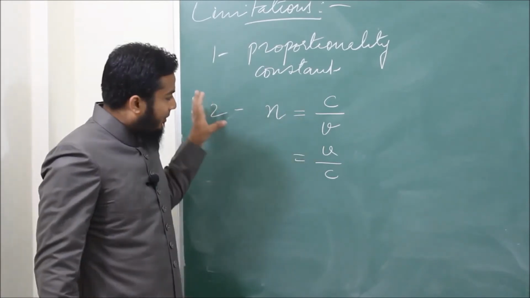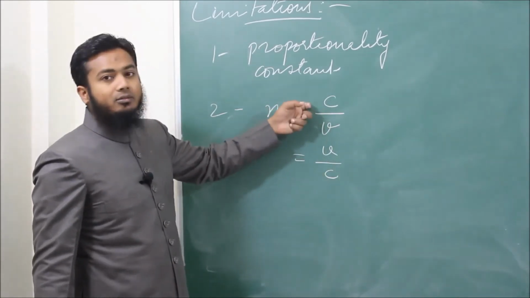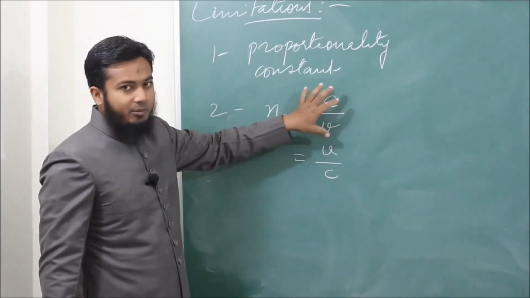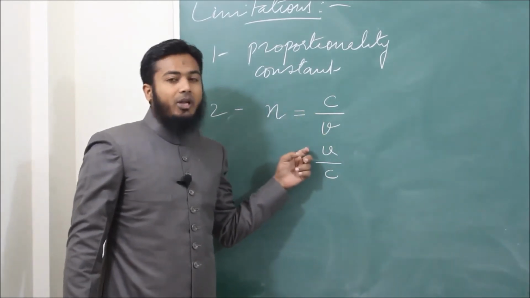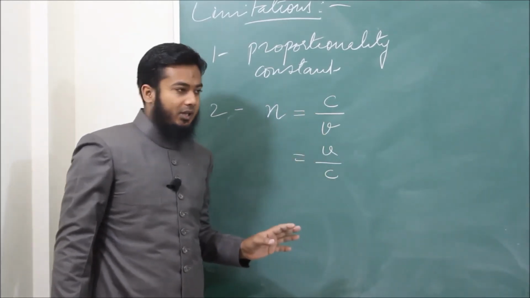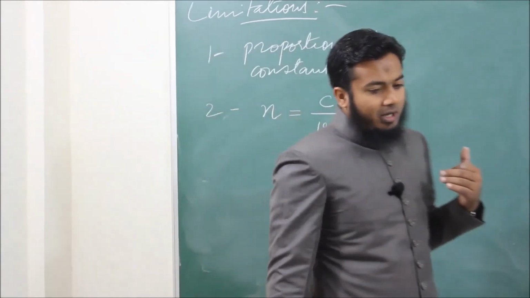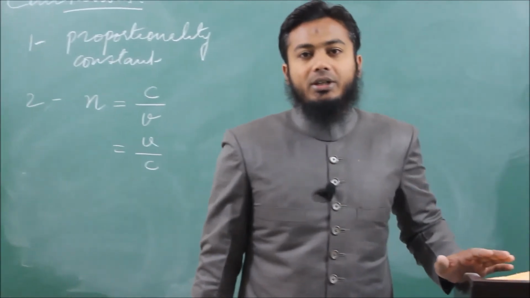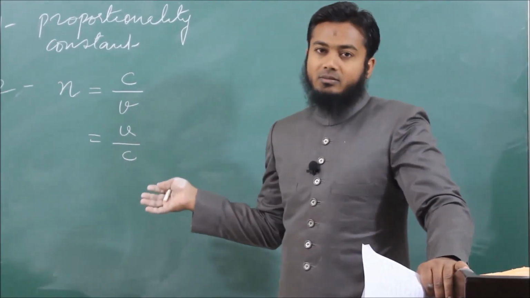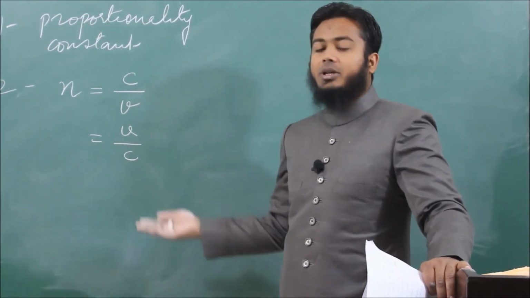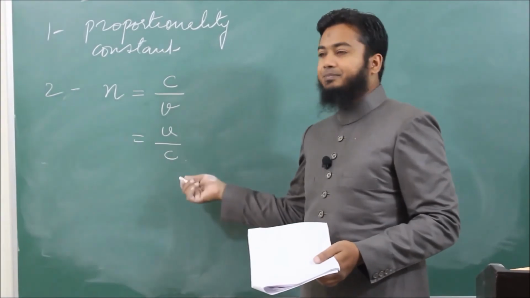So if we try to calculate this expression, we will get that it is a ratio of c and v, but what is the order, which one is in the denominator and which one is in the numerator, we cannot calculate. So if we are calculating a formula for a dimensionless quantity, we will not be able to find the order of quantities, which one appears in the numerator and which in the denominator, because these two are the same.